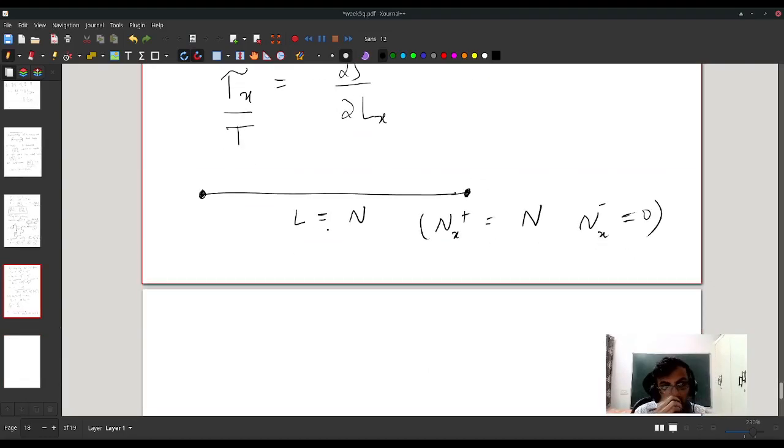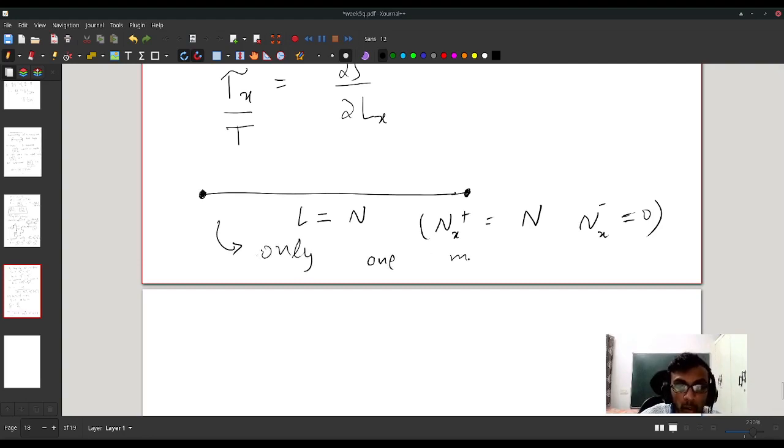If you want to have this maximum length, then there is only one microscopic way in which you can achieve this.